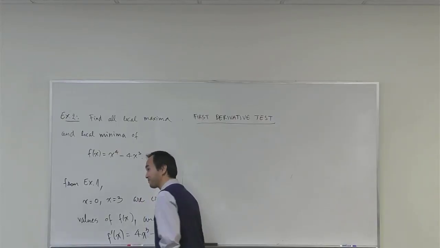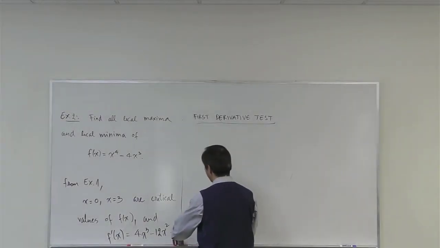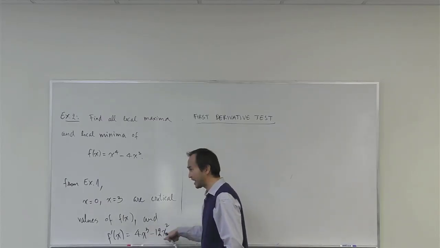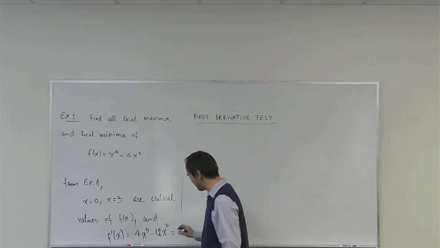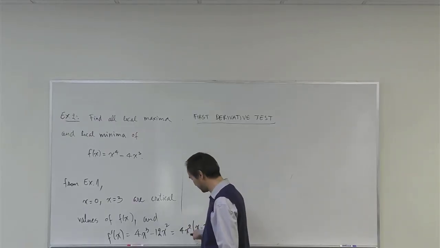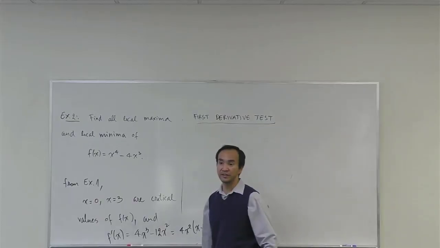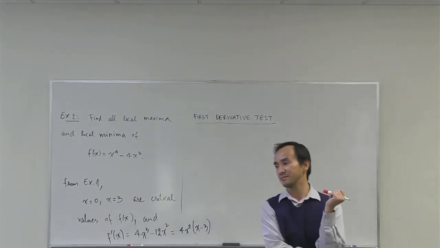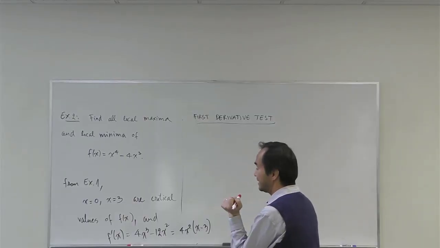You all agree? And as part of the solving work, we even factored this derivative. You remember? I factored that as 4x squared times x minus 3. You will need that. I mention that now for a reason.